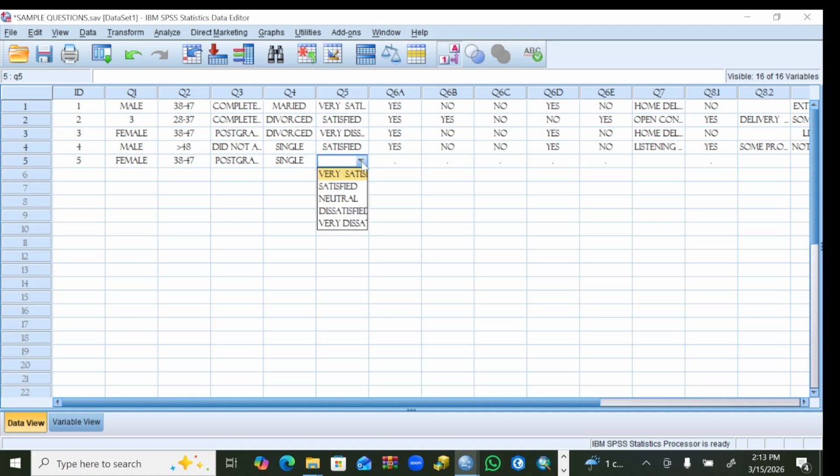And satisfaction, very satisfied. Product number 1 is tea. He selected it. Number 2 is coffee, selected. Number 3, no. Number 4, no. And number 5, no.